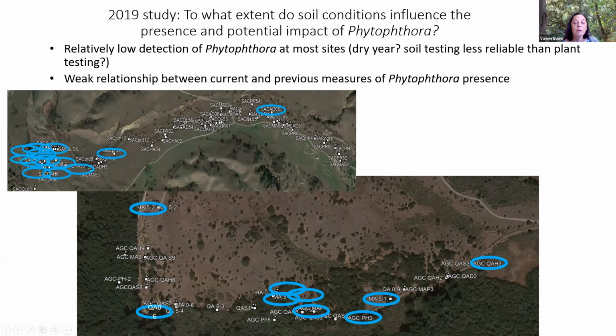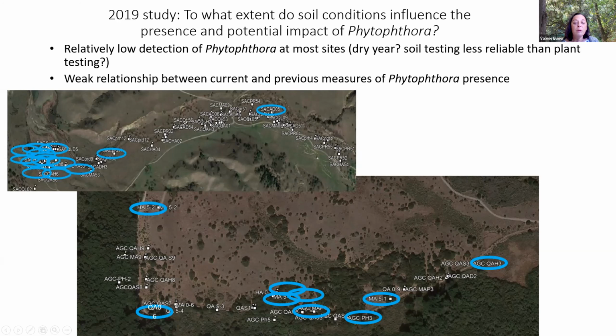This is what one of the sites looks like. This is Sheep Camp Creek. It's the only site where Phytophthora cambivora was found. You can see tenticulata at the very entrance of the area. But by and large, the San Antonio Bioregional Habitat Restoration Area had the largest number of Phytophthora introductions into the restoration sites.